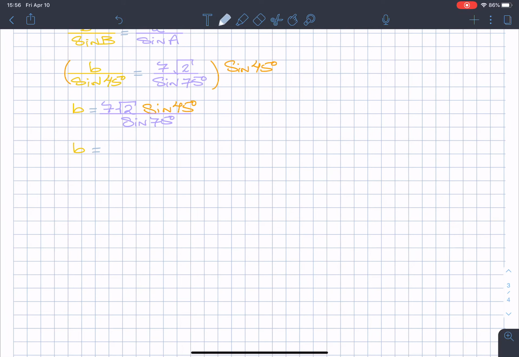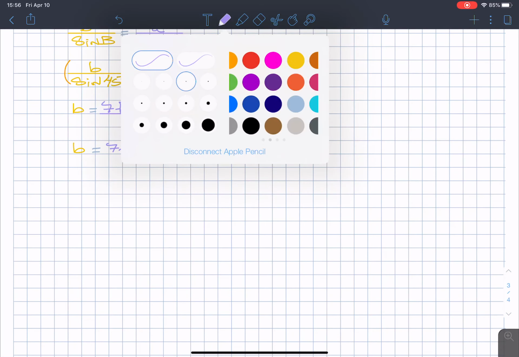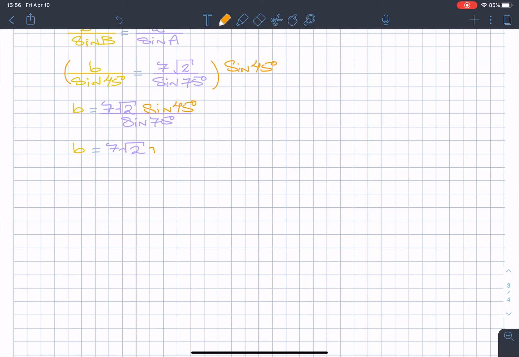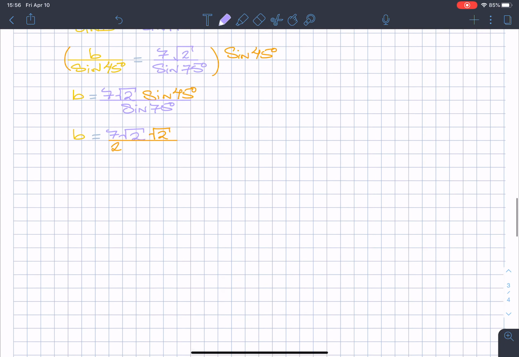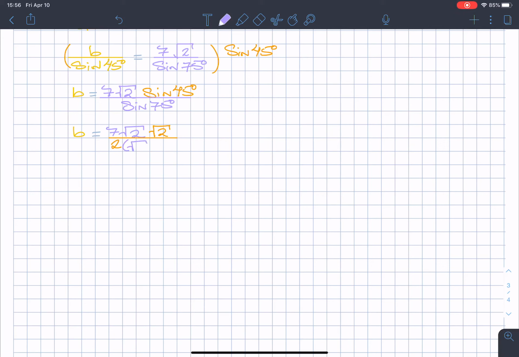We get that little side B will be 7 times the square root of 2, times sine of 45, which is the square root of 2 divided by 2. And sine of 75 was the quantity the square root of 6 plus the square root of 2, all over 4. So that goes into the numerator.